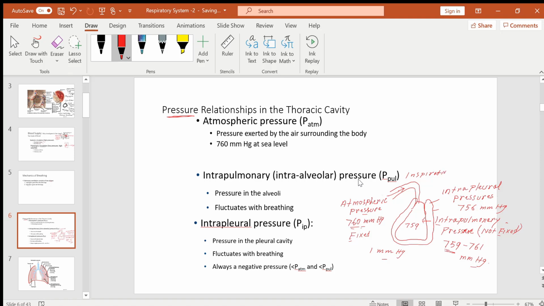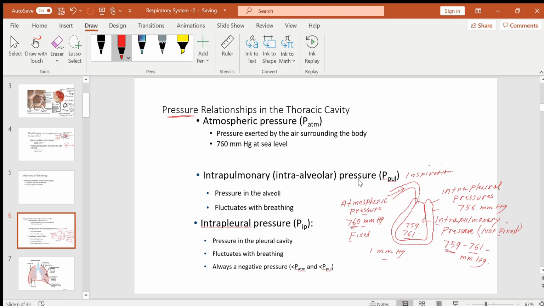Okay. And when the pressure inside the lung is 761, now let's talk about the higher end, 761. Now you see here is 761, outside is 760, so 1 millimeter pressure high inside the lung.